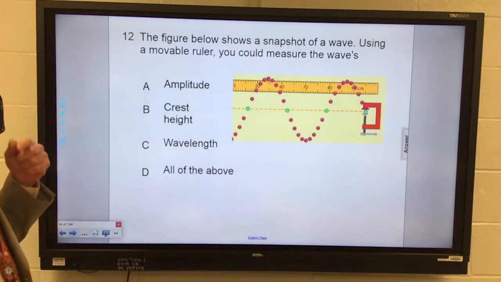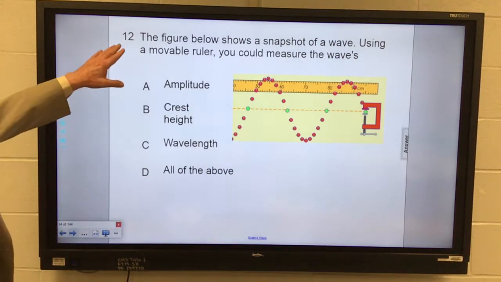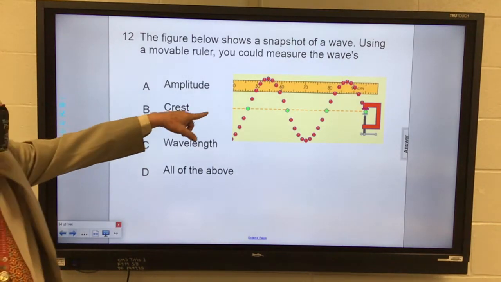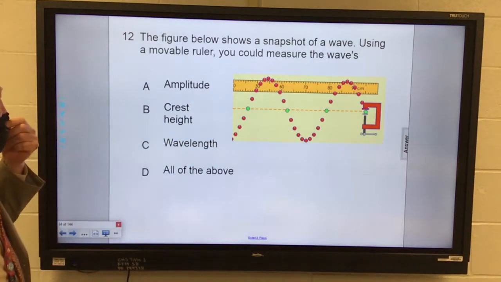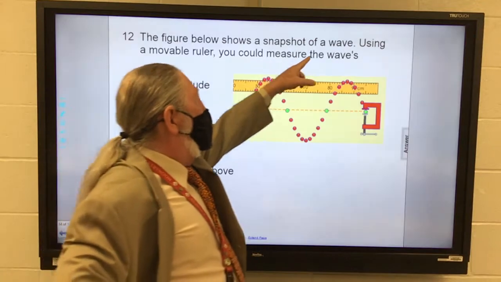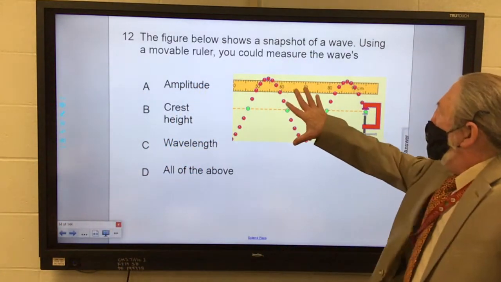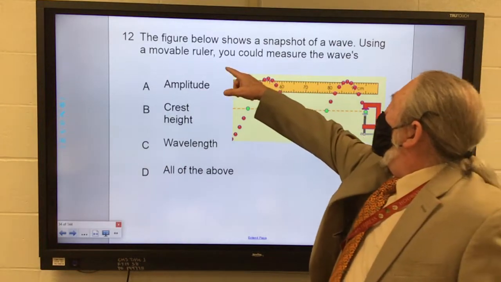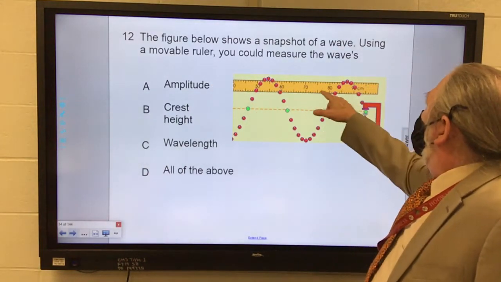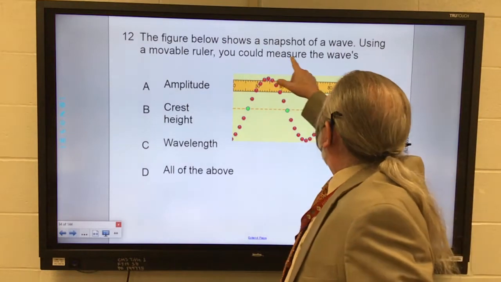Okay, so let's look right here. This kind of looks like part of the video we watched yesterday, right? The figure below shows a snapshot of a wave. This is just a snapshot of that little video we watched. Using a movable ruler, you can measure the waves.